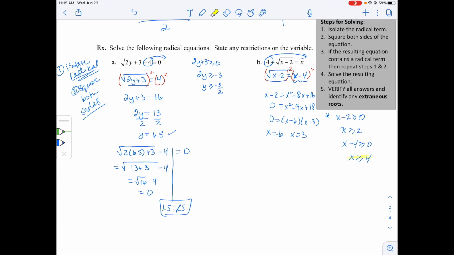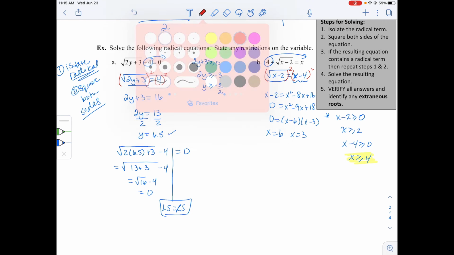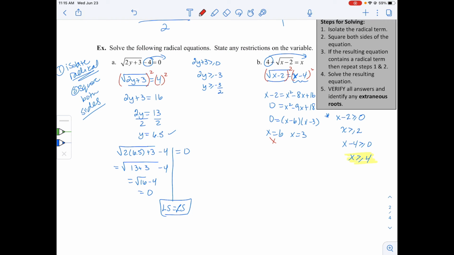I can see by this restriction here that the 6 is not going to work. I can also do a check there. 4 plus the square root of 6 minus 2 should be equal to 6.